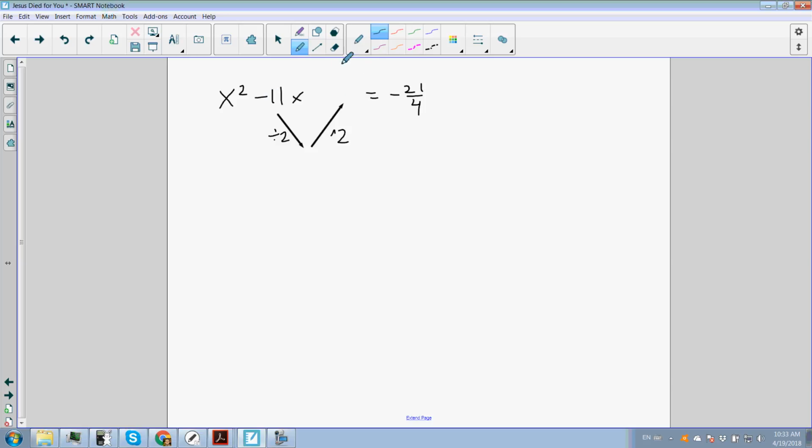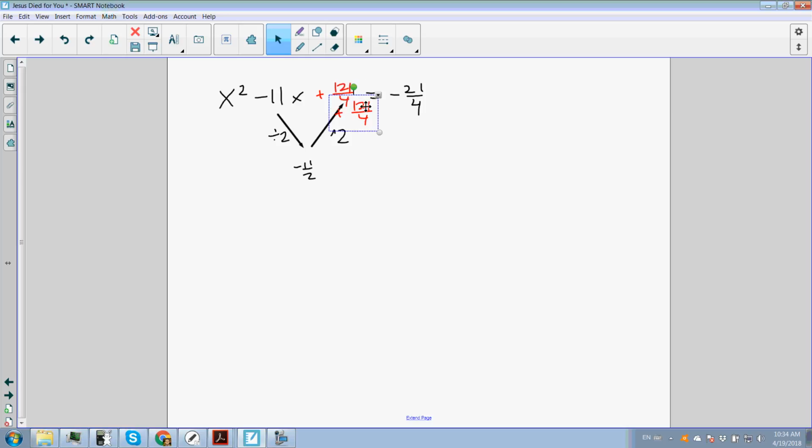So what's half of negative 11? Half of negative 11 is negative 11 halves. If you square negative 11 halves, you're going to get a positive because negative times negative is positive. You'll get 121 fourths, so plus 121 fourths.